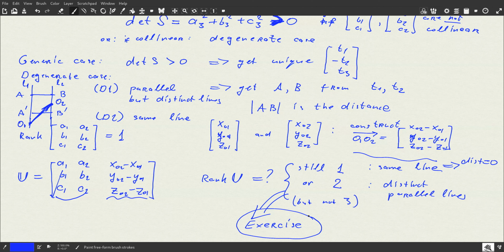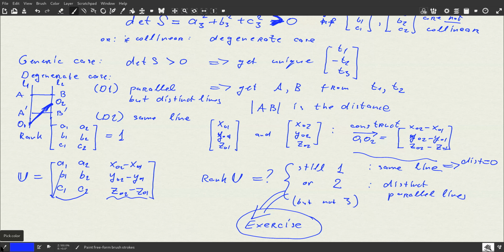If these are two distinct parallel lines, then we know that the vector O1O2 is not collinear with the directing vectors of L1 and L2. So we know that these points do not belong to the same line. Then there is a relatively easy way to compute the distance between them.